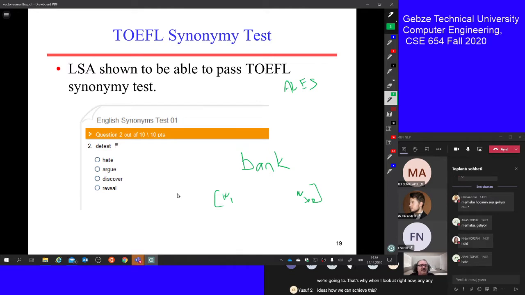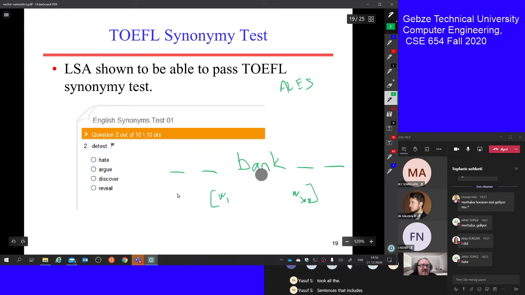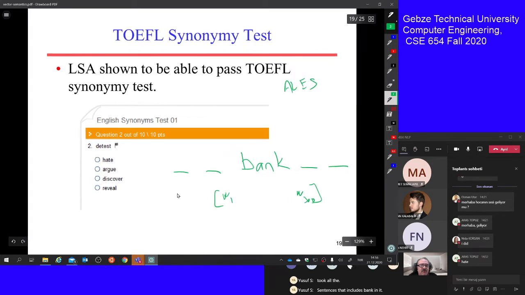Previously what we did was we took all the sentences that include bank in them, and using all the words around it, we came up with the vector for bank, the semantic meaning for bank. So after doing the PCA, we get a 300 dimensional vector for bank.